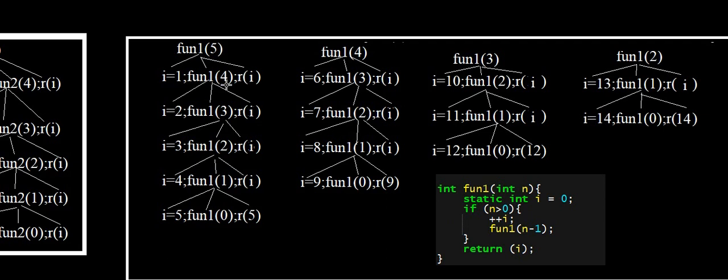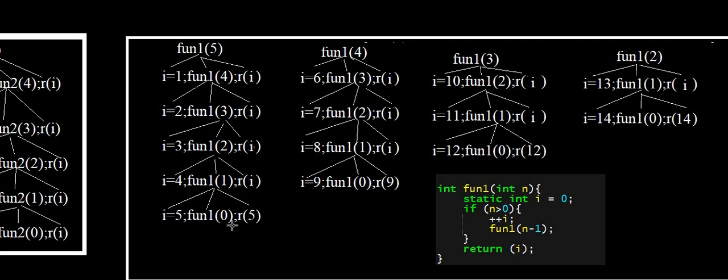This function 1 of 4 will again execute in the same manner. Now n here is 4, and n is greater than 0, yes. So increment i again, i equals 2, function 1 of 3, return i, and in the same way go up till i equals 5, function 1 of 0 returns 5. Why return 5 now?